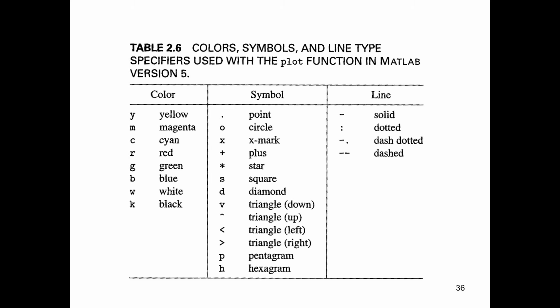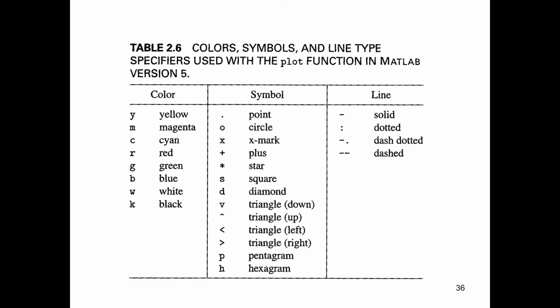Not sure what the point would be of white on white, but you could do white on black. You can actually change the background. And then there are symbols that you could use. There's a diamond, square, star, plus, X mark, and so forth, which is important when you have multiple types of data. And then your line could be solid, dotted, or dashed.